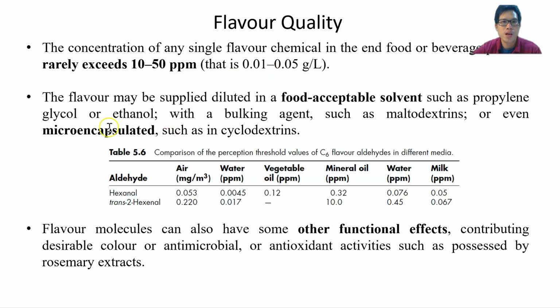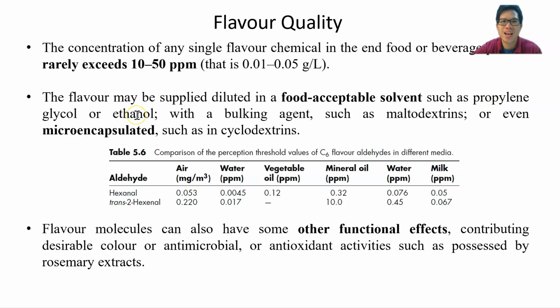Some flavors, once they're extracted, before they are supplied to the consumer or to the commercial, can be diluted. It can be sold as it is, the extract, or it may be diluted for certain food applications. If it is to be diluted, it needs to be diluted in a food acceptable solvent. One of the very common ones is propylene glycol.